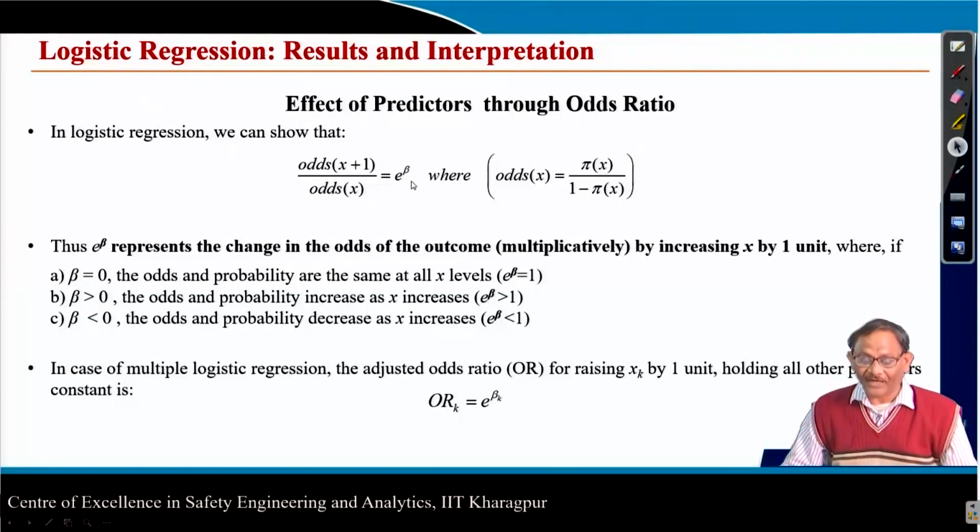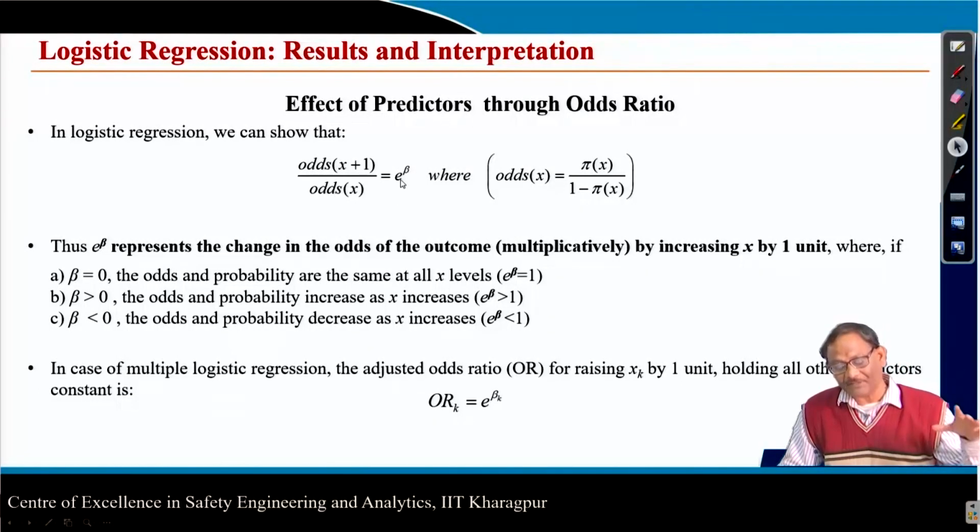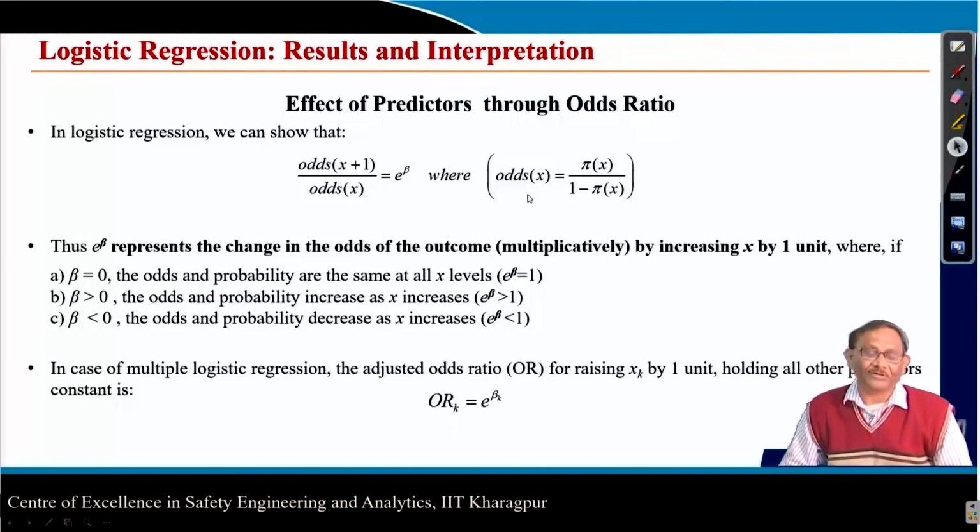Okay, so now if you do a little bit of algebraic manipulation with the odds ratio, and pi x is already given to you, so odds are already there with the logistic function. If you use this and create odds of x plus 1 by odds of x algebraically, I think the assignment can be given in this manner.